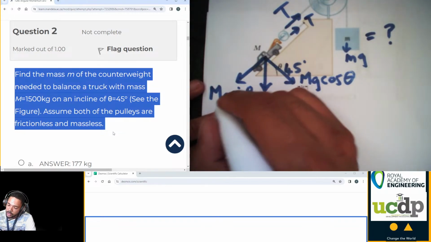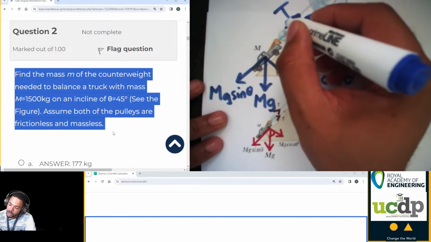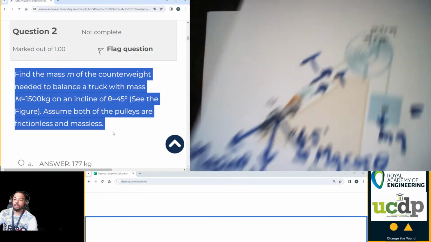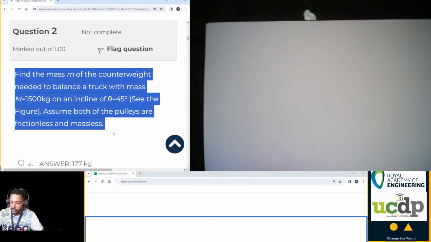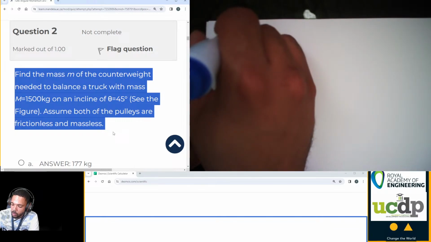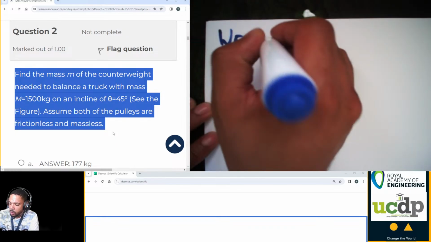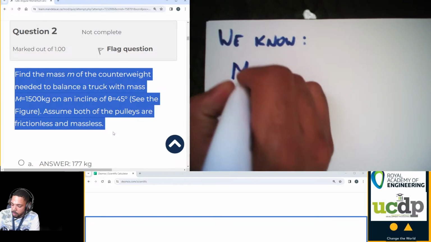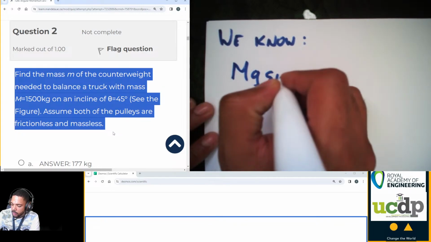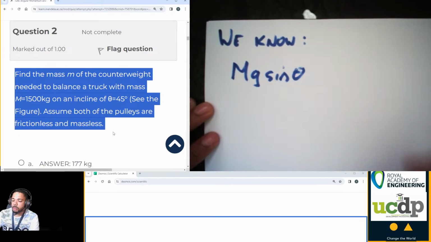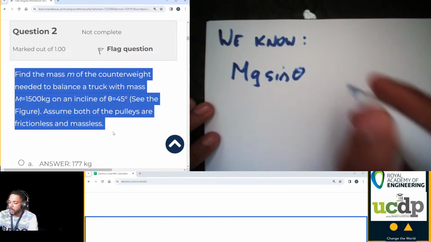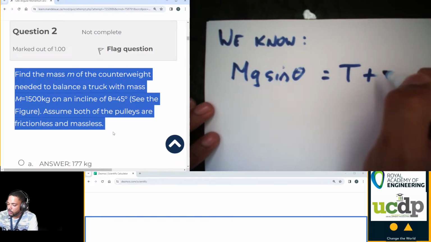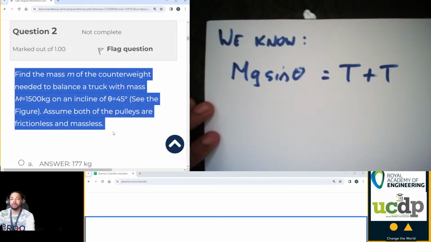This means that mg sine theta must be equal to the two tensions. If I write that out, mg sine theta, the parallel force of this buggy, should be equal to tension 1 plus tension 2.